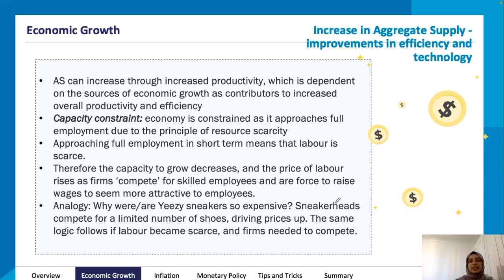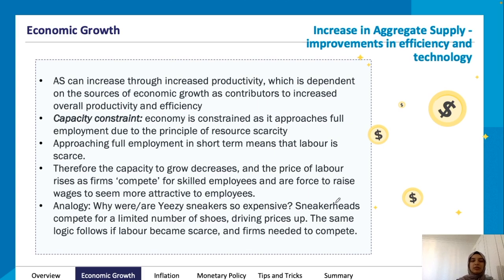Capacity constraint is this idea that the economy is constrained as it approaches full employment due to the principle of resource scarcity. If you think back to the first thing you learned in year 11, it's the economic problem. We have unlimited wants, but we have limited resources, so we need to choose which wants to satisfy with our limited resources.